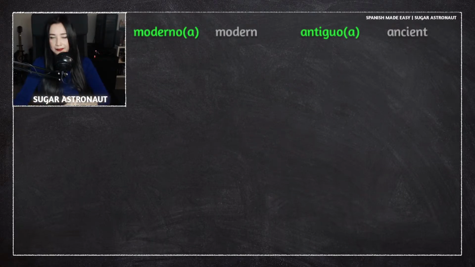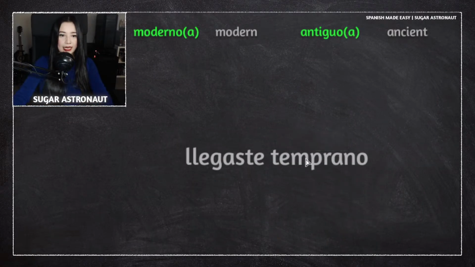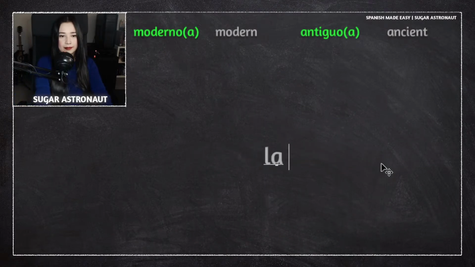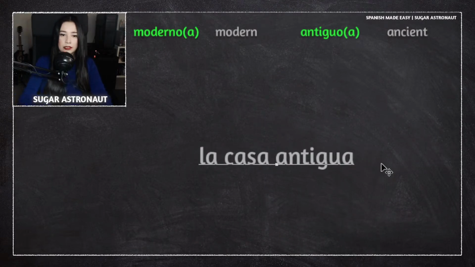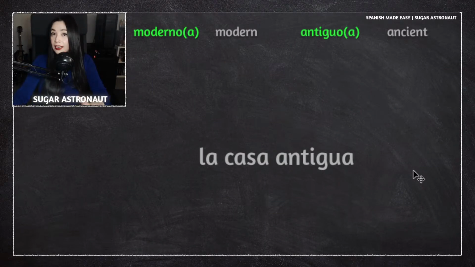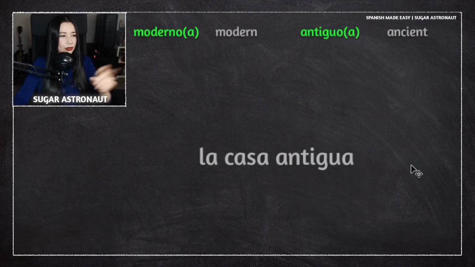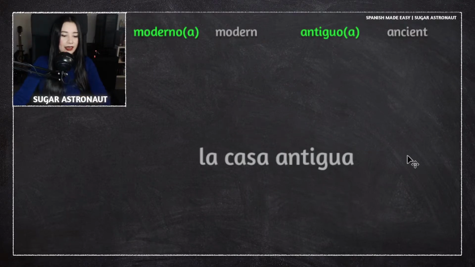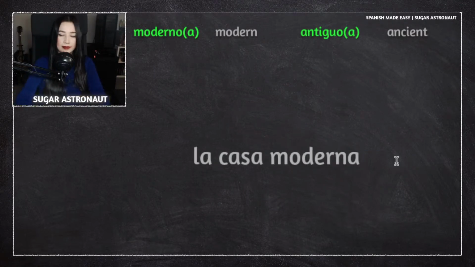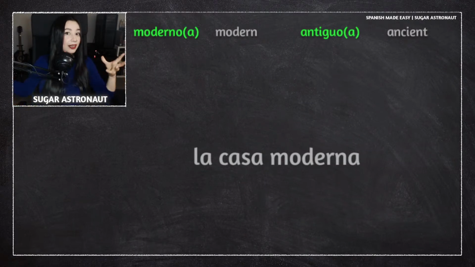So you can say something like la casa antigua. You're pretty much saying the ancient house or the old house, a house that has some history, that has this old look. I don't know how old, but it can be ancient. Or la casa moderna, modern house, right?